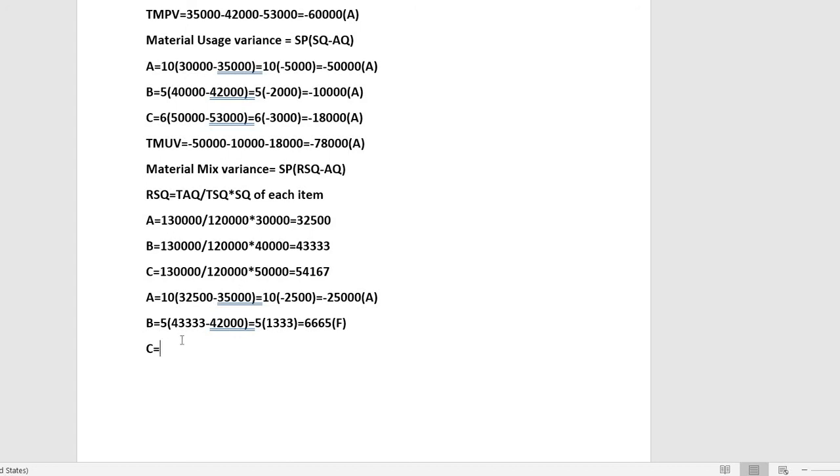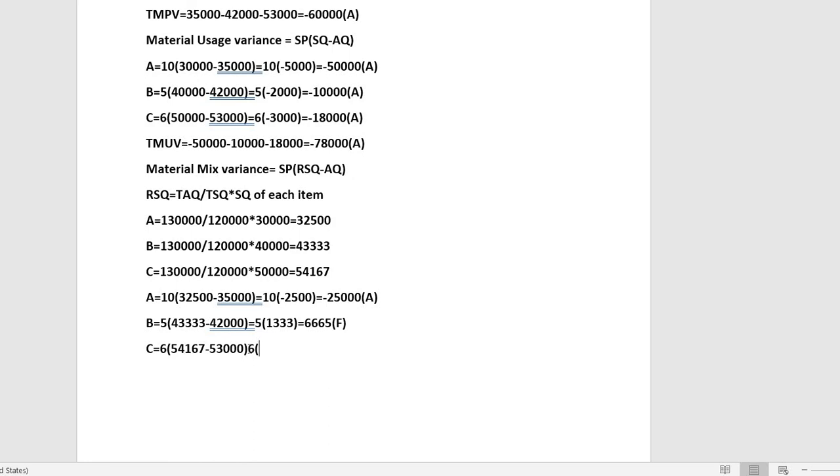Next, for material C, the standard price of material C is 6 rupees. Revised standard quantity is 54,167 minus the actual quantity of material C, which is 53,000.